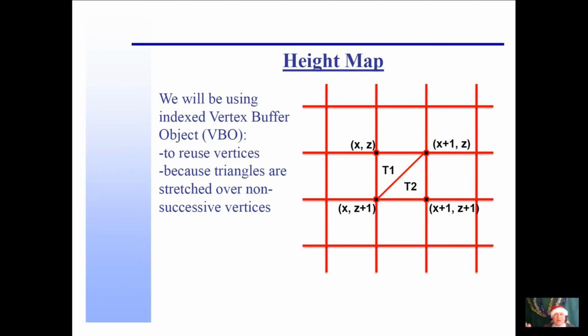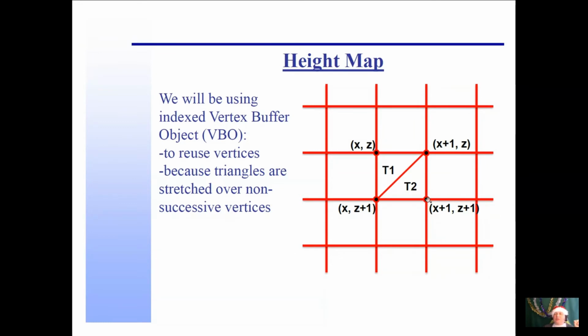And this is why we want to use indexed VBOs, so that first of all, we can reuse vertices. If you look at any particular vertex, for example this one, it is used by a triangle in this square, by two triangles in this, another two triangles in this, and one more triangle here. So it's 4, 5, 6.